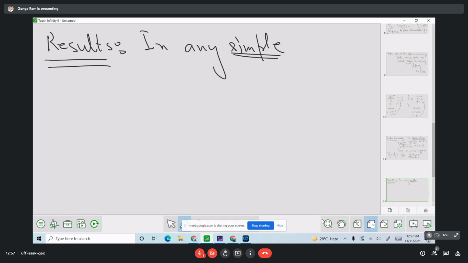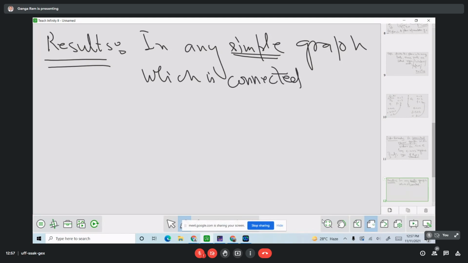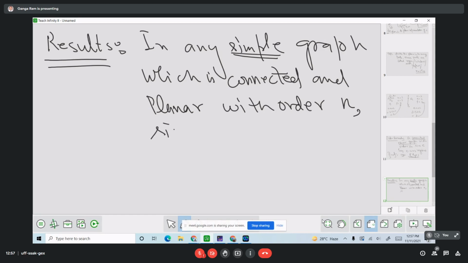In any simple graph which is connected and planar, with order n, size E, and regions F.